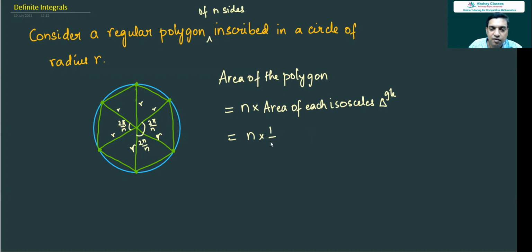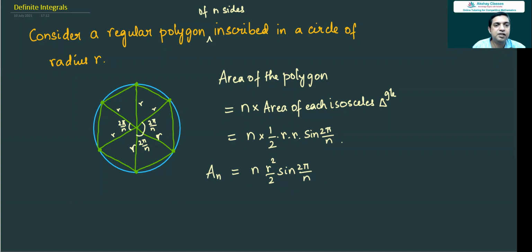So this is half R times R, half AB, and sine of the included angle. So this is the area of the regular polygon inscribed within the circle of radius R. Okay, so this is the area of the polygon of n sides.